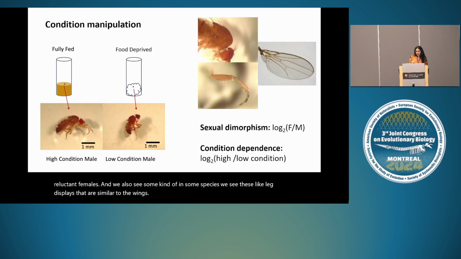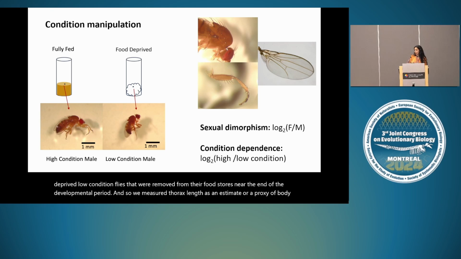And so we manipulated condition by generating fully fed, high-condition flies that were reared on food up until adulthood. And then we also generated food-deprived, low-condition flies that were removed from their food source near the end of the developmental period. We measured thorax length as a proxy of body size.